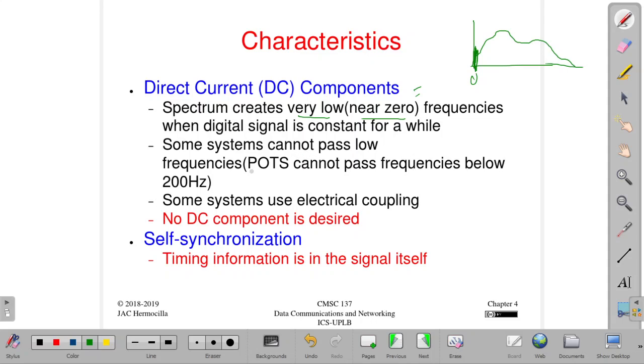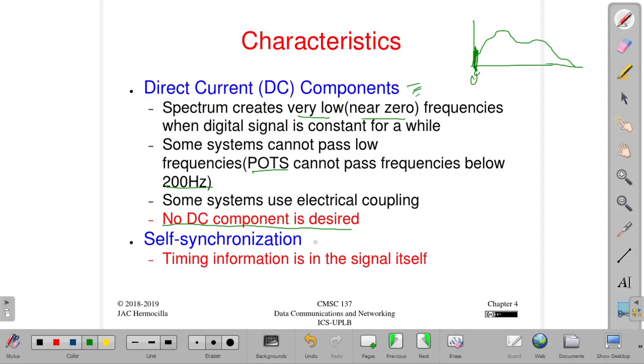An example of that is the plain old telephone system, or POTS, which cannot pass frequencies below 200 Hz. So if your encoding has a very low frequency component, like zero, called the DC component, then it will not be able to pass through the medium. So ideally, no DC component should be present in the encoding scheme.